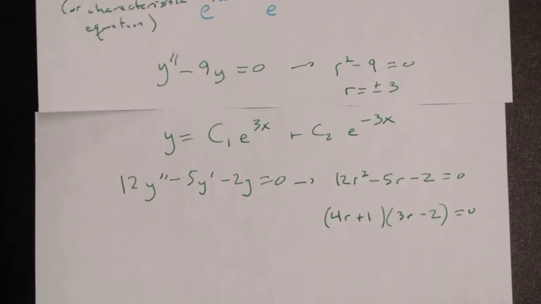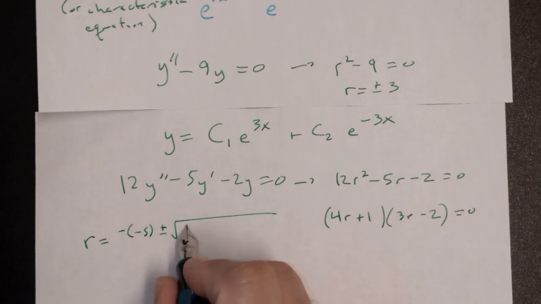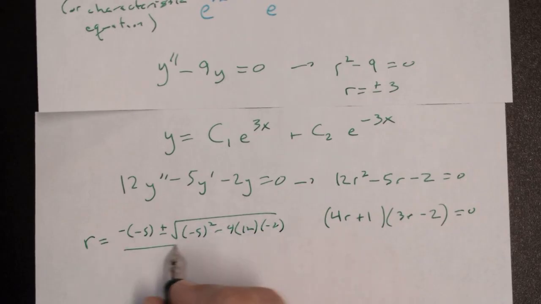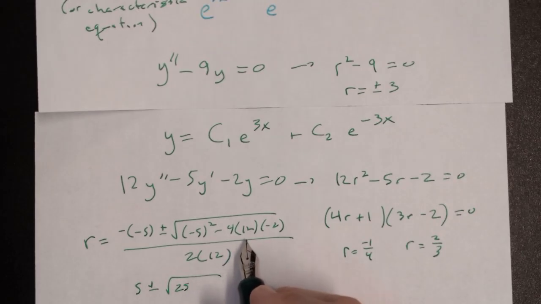But if you didn't know, you whip out the quadratic formula. This gives me r equals negative 1/4. This gives me r equals 2/3. I get the same result out of the quadratic formula. 5 plus or minus the square root of 25 plus 96 over 24.